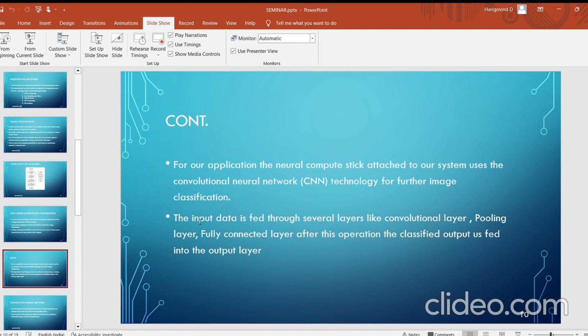The input data is fed through several layers: convolution layer, pooling layer, and fully connected layer. These layers act as filters, so the data is continuously fed through them. This continuous action helps in creating more and more accuracy in the results.